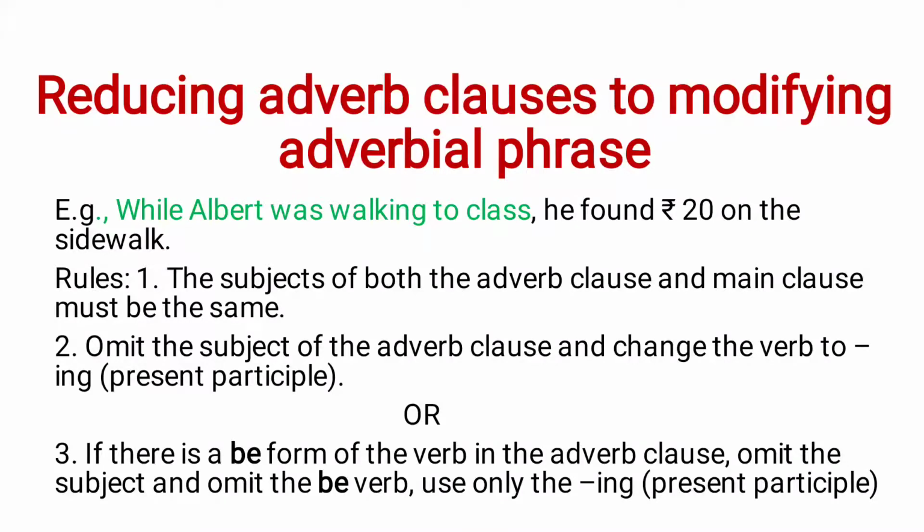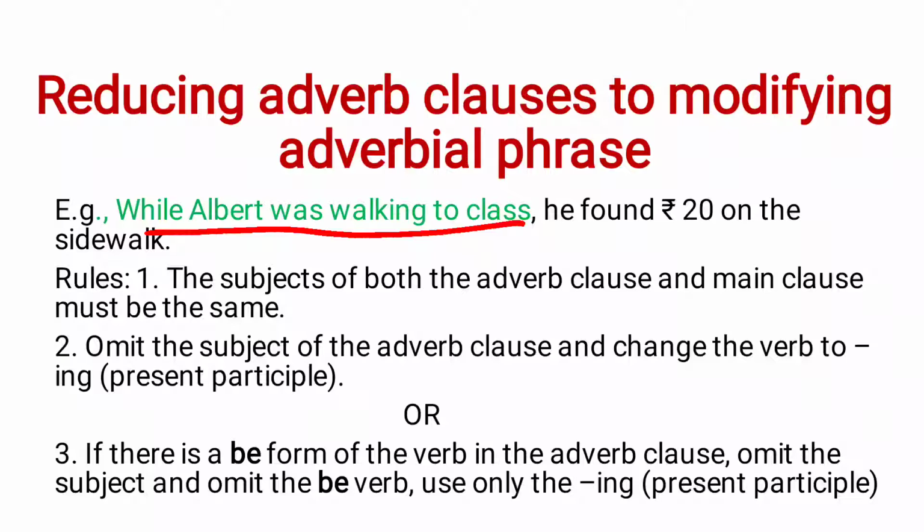Now let's understand how to reduce an adverb clause to a modifying adverbial phrase. Just look at this example. While Albert was walking to class, he found 20 rupees on the sidewalk. Now in this sentence, while Albert was walking to class is the adverb clause.